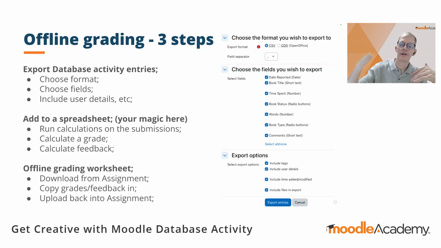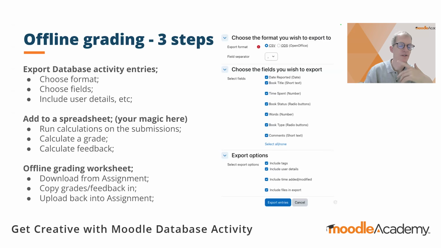You can upload the grades and feedback right into the assignment for each student in bulk. The steps are first, export the database entries, then import them to your favorite spreadsheet app, perform some calculations on the data, and perhaps use a rubric in the spreadsheet to determine a grade, and then finally upload the grades and feedback into the assignment.